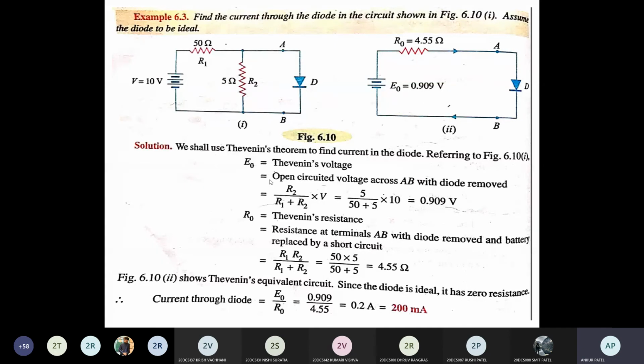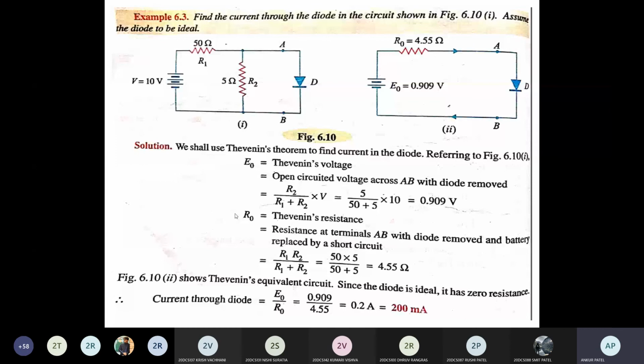So for Thevenin's theorem, we find the open circuit voltage across A and B, and for the resistance, we consider the short circuit. E0 is equal to R2 upon R1 plus R2 into V, which is nothing but the voltage divider rule.